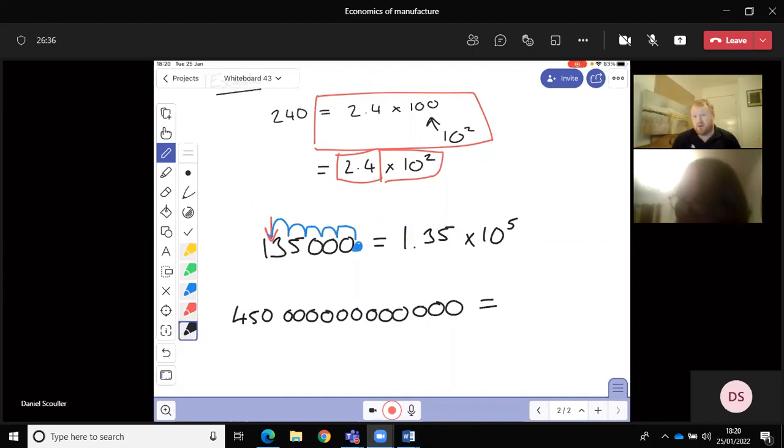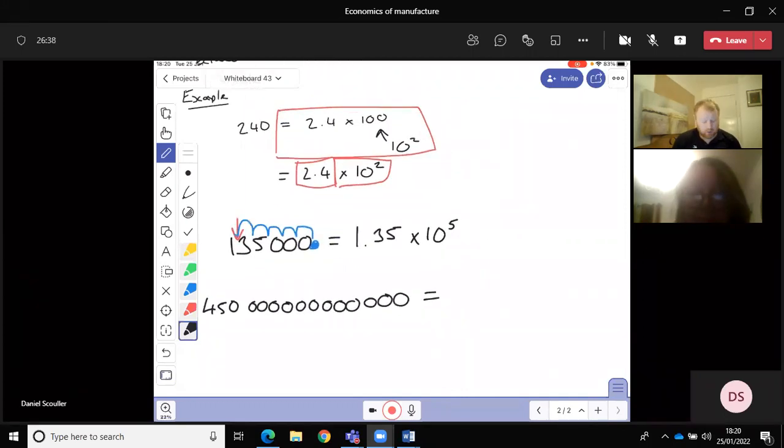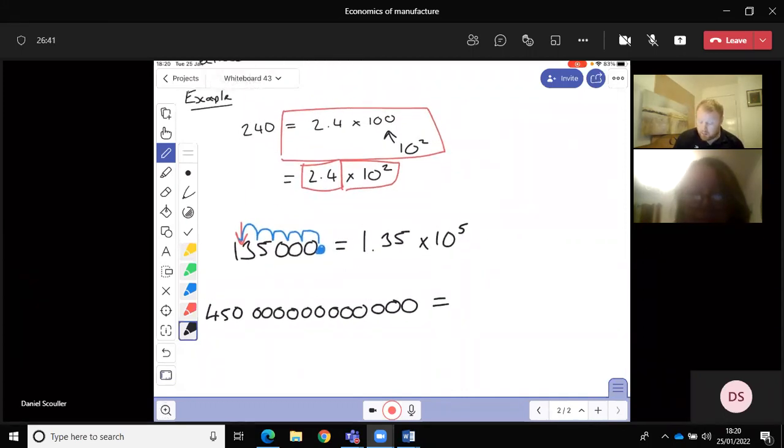But sometimes we do need to use numbers of this size. So we want to write that starting with a number between 1 and 9, so 4.5 times 10 to the power of something. You're going to be moving the decimal point from here: 1, 2, 3, 4, 5, 6, 7, 8, 9, 10, 11, 12, 13, 14. So we've moved that decimal point 14 places.